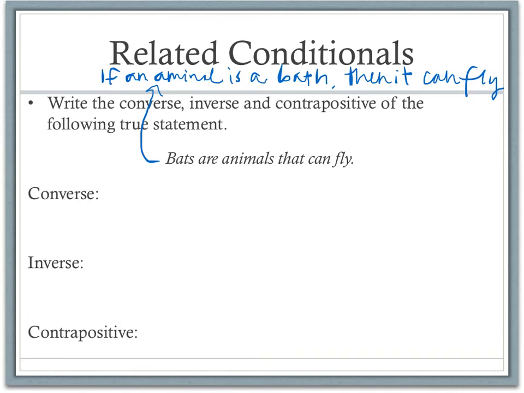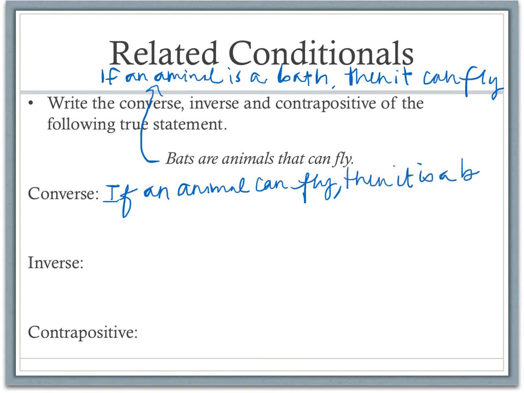Our converse exchanges your hypothesis and your conclusion. So if an animal can fly, then it is a bat. The inverse negates both the hypothesis and the conclusion of your original statement.